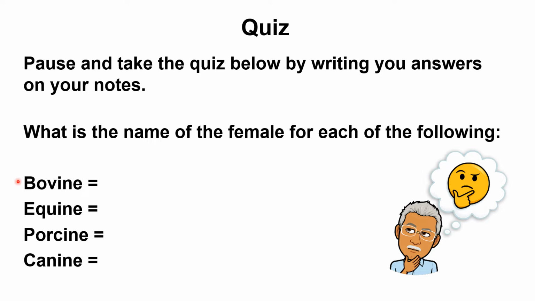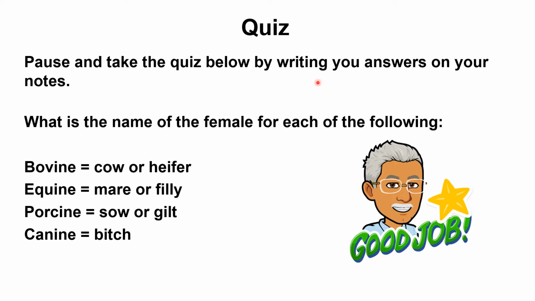We have here some terms, and we are going to list the equivalent names for these in the female. We have here bovine, equine, porcine, and canine. When we say bovine, it refers to cattle, equine for horses, porcine for pigs, and canine for dogs. These are the answers now for our short quiz.